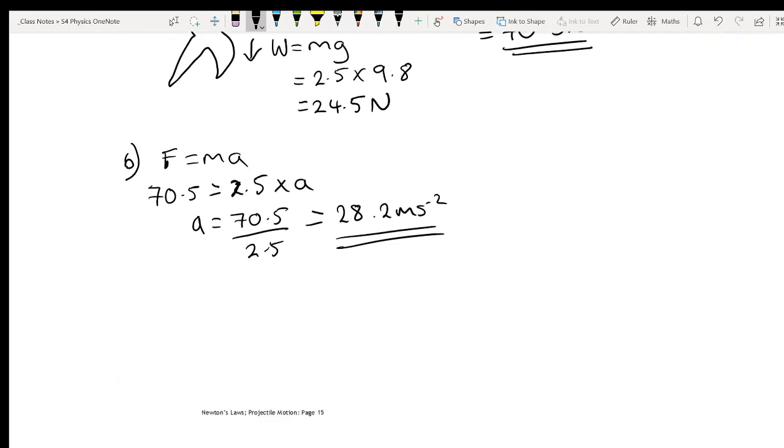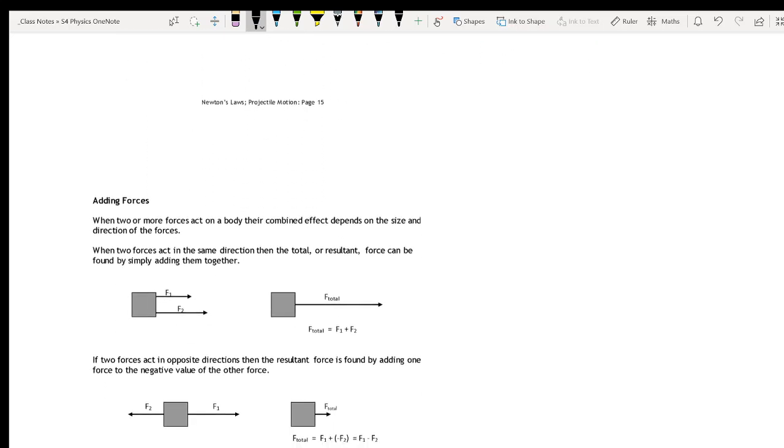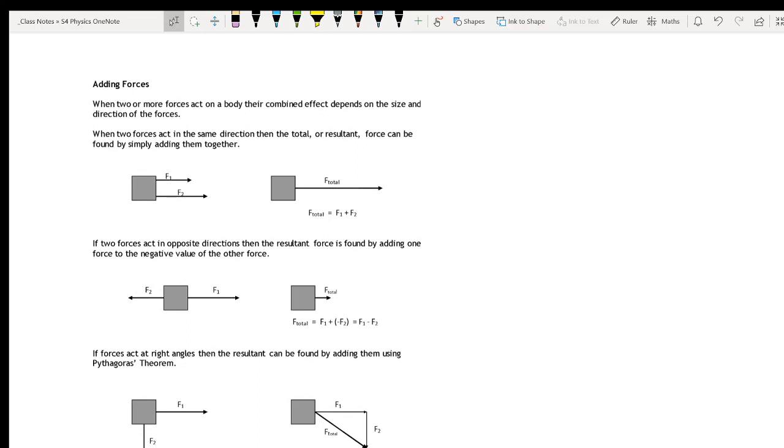Okay, so we've already sort of touched on this already. So adding forces. When two or more forces act on a body, their combined effect depends on the size and direction of the forces. When the forces act in the same direction, the total, or the resultant, or the unbalanced force can be found by adding them together.